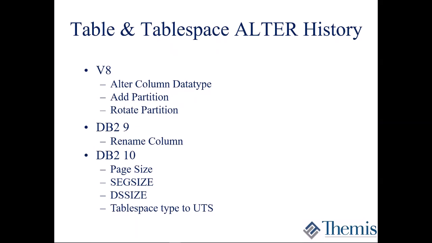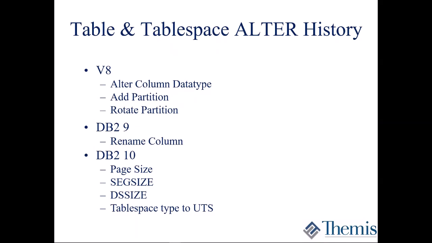So if you have a simple or segmented table space, you can now do an alter that will convert that to a universal partition by growth. If you have a classic partition table space, with a little bit of work, you can convert that to universal partition by range.